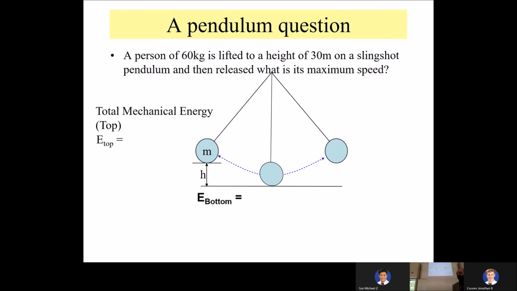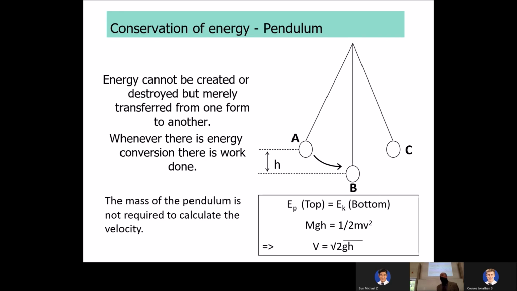Why didn't you fill it in? You can't get left behind. Is it at 0 meters? Yes. Well, you're working it out. The height is the height difference between here and there, because it can't fall any further.